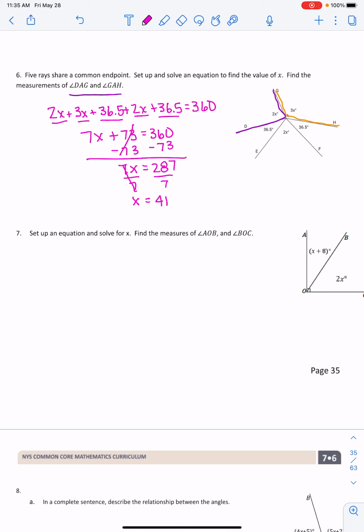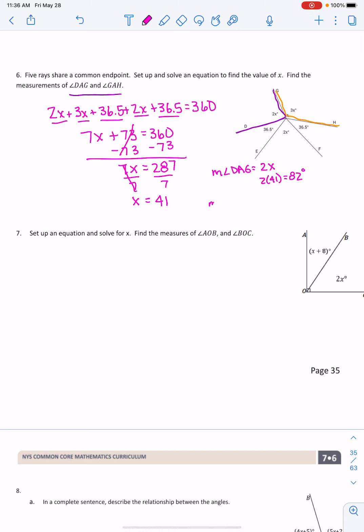Well, now I need to find the measurement of DAG, which is 2x, which is then 2 times 41, which is 82 degrees.